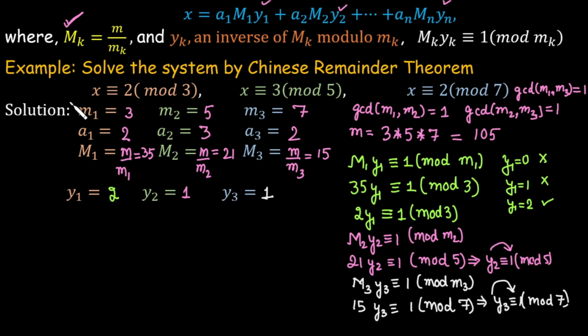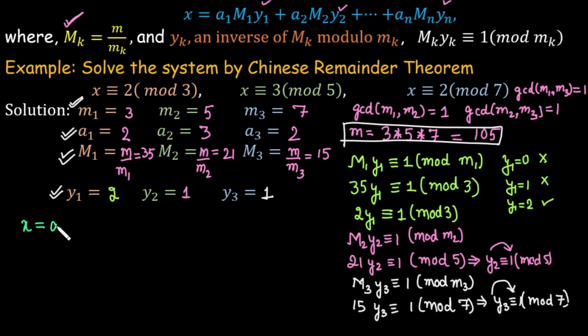Now we have small m1, a1, capital M1, y1, as well as small m, that is equal to 105. In the last step, we just need to calculate x, and that is calculated by this formula: x is equal to a1 capital M1 y1 plus a2 capital M2 y2 plus a3 capital M3 y3.